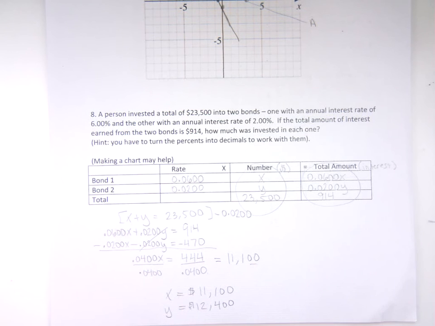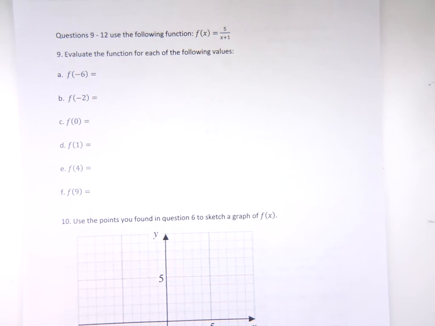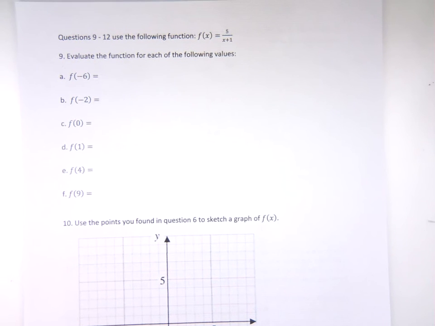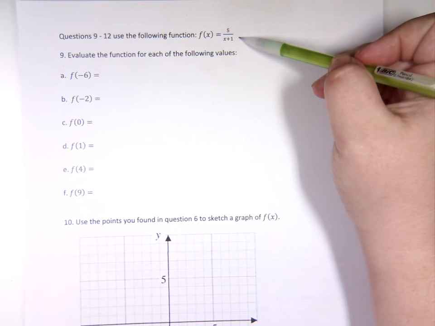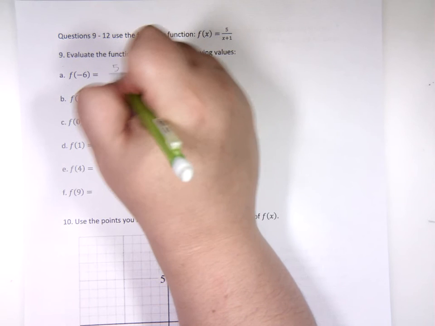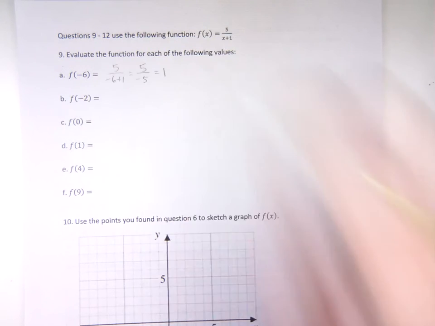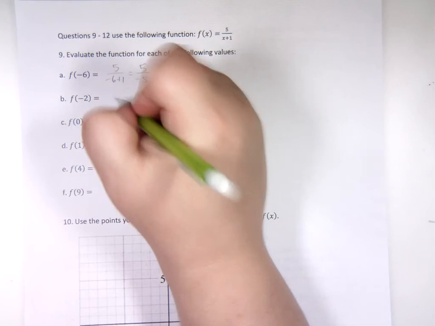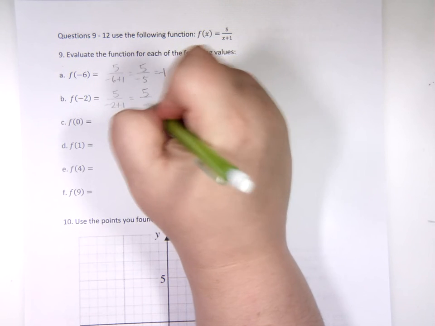All right. Next, we've got evaluating functions. So I just want you to basically plug in different x values into f of x, and let's see what we get. So f of minus 6 is going to be 5 over minus 6 plus 1. So that's 5 over minus 5, which is negative 1. F of minus 2 is going to be 5 over minus 2 plus 1. So that's going to be 5 over negative 1, which is negative 5.